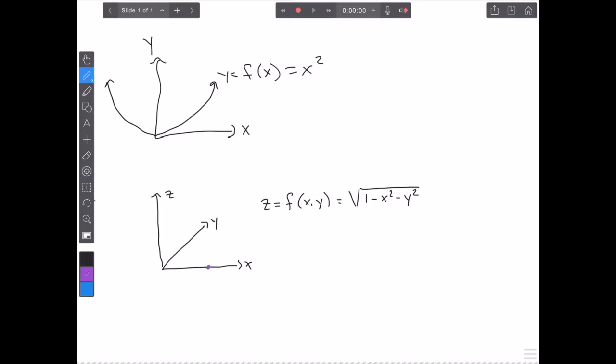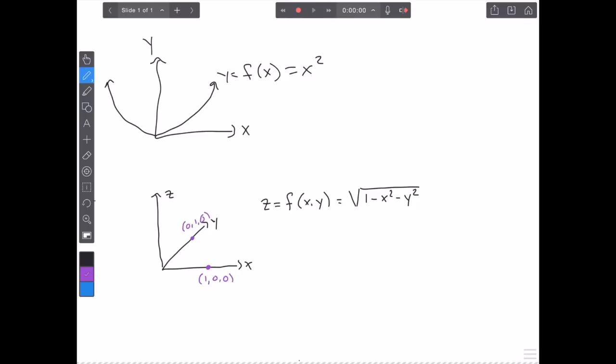And so here I'll go ahead and draw this, and it's the purple dot along the x-axis. The point 1, 0, 0 lies on my graph. Similarly, if I plug in x equals 0 and y equals 1, the value of the function is 0, and so I will also have the point 0, 1, 0 on this graph.